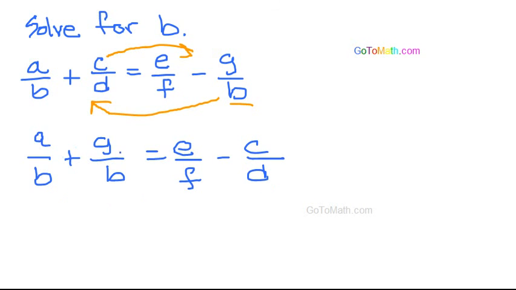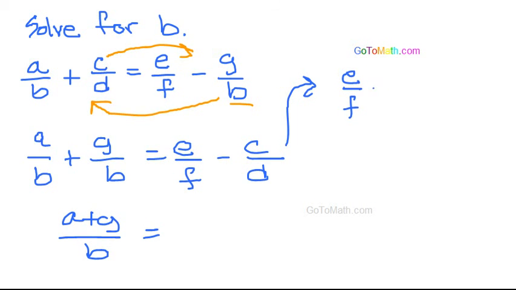Okay, so we can go ahead and add these two fractions together. Nothing special there, since we have a common denominator. However, we do need to join both these fractions together, but we're going to need to get a common denominator. Let's just do some side work right over here. Alright, so I'm going to go ahead and rewrite that E over F minus C over D. We use green, how's that?